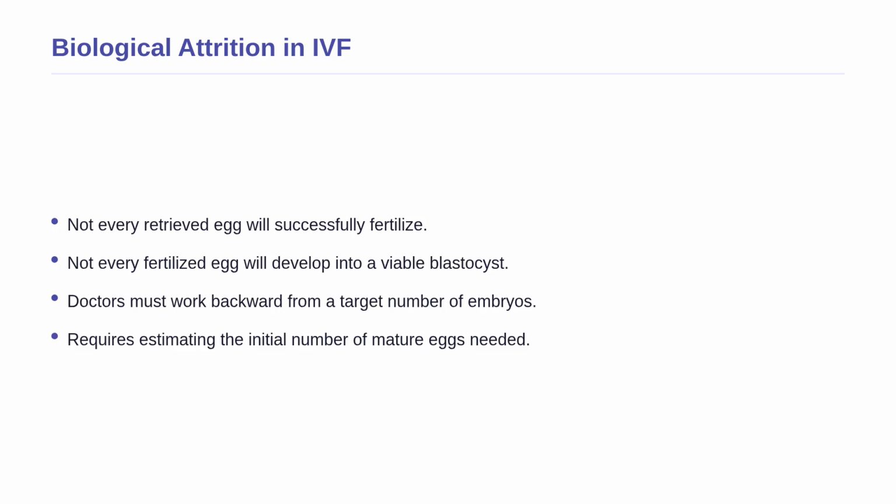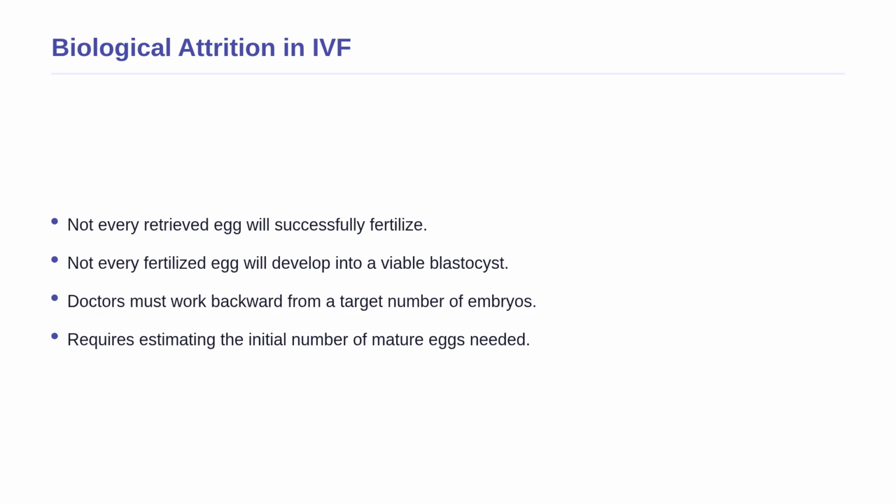We have looked at the overall success of a cycle, but what happens inside the laboratory during that cycle? The IVF process experiences natural biological attrition. Not every mature egg retrieved from the patient will successfully fertilize when mixed with sperm. Furthermore, of those that do fertilize, not every single one will develop into a viable blastocyst suitable for transfer.